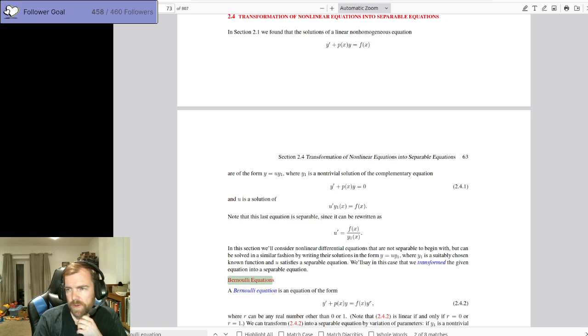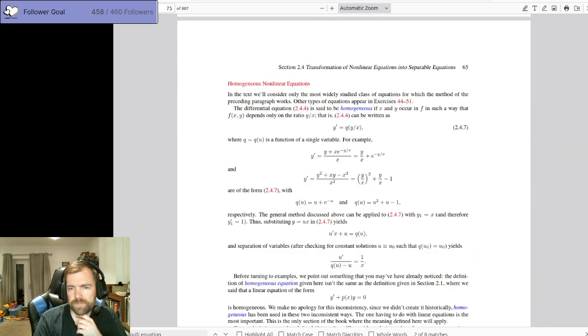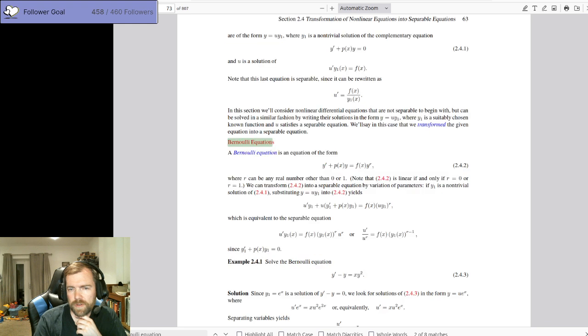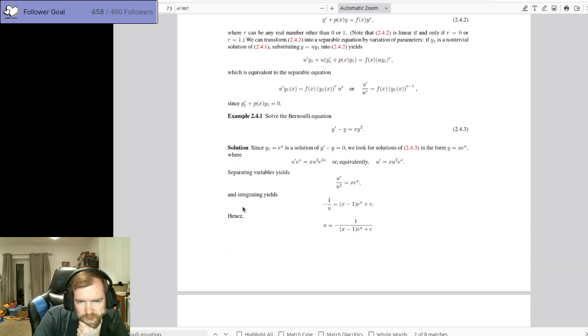So when you're doing Bernoulli equations, we're saying that the other side... So y1 is going to be e to the x, a solution of the complementary equation.